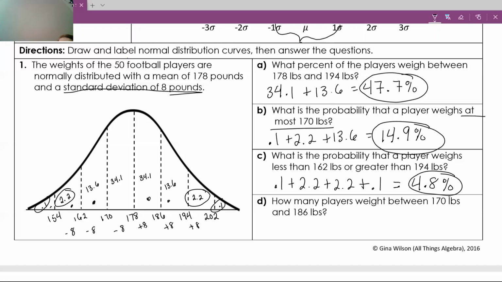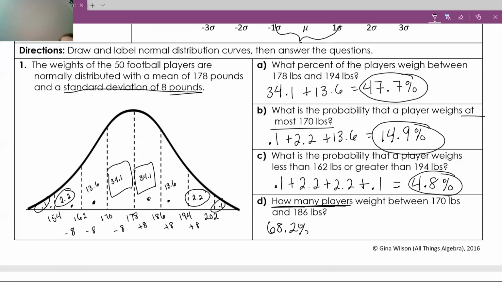What if it asks how many players instead of for a probability? Well, I still do the first step between 170 pounds and 186 pounds. So that would be these two. So I have 68.2% if I add those two pieces together. But I don't want the probability, I want how many players.